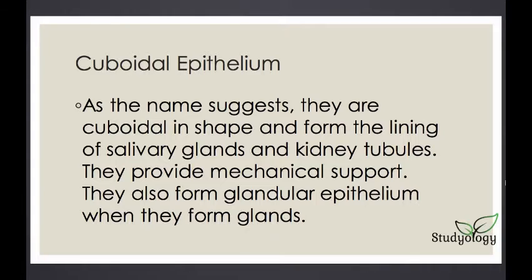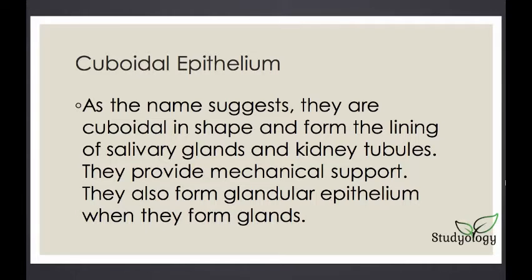Next is the cuboidal epithelium. The cuboidal epithelium, as the name tells you, is cuboidal in shape and forms the lining of salivary glands and kidney tubules. So, these cuboidal epithelium protect the linings of the salivary glands and the kidney tubules, the tubes through which the blood filters.